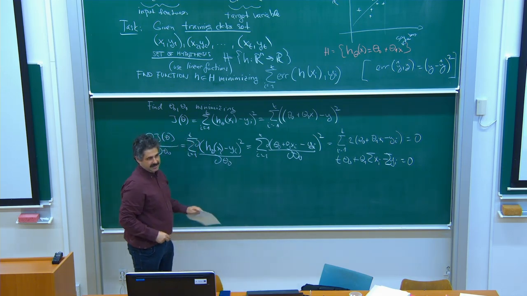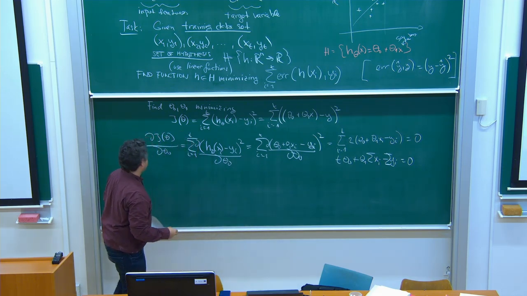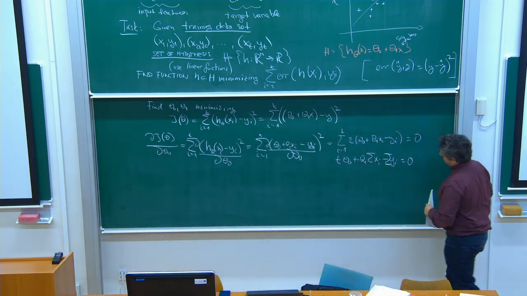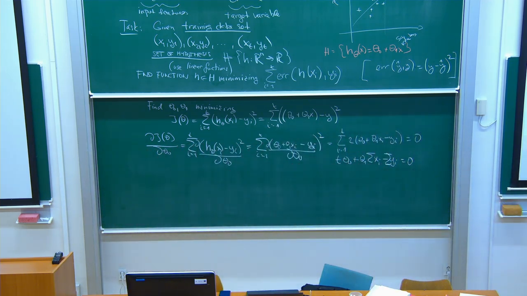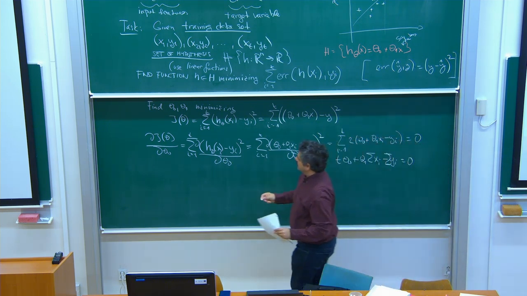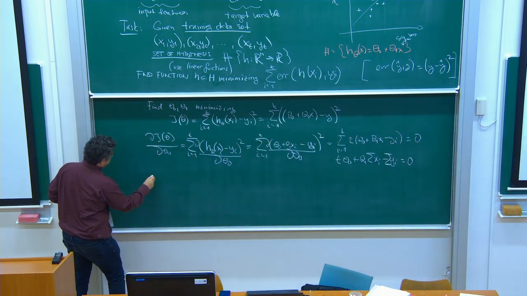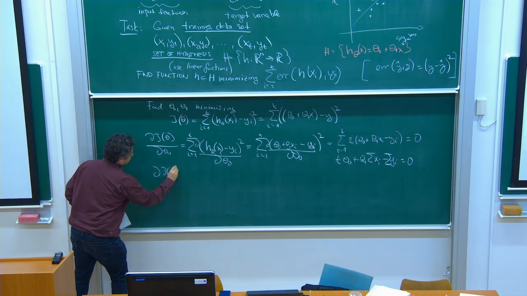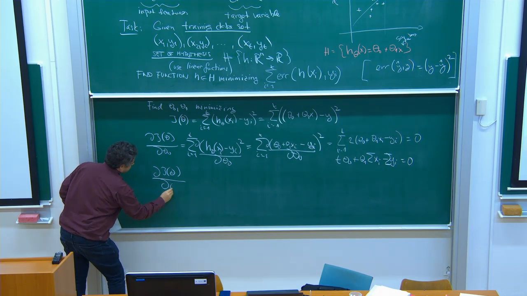Okay, so this is one thing. It still doesn't tell me what theta 0 and theta 1 should be. But fortunately, I also have the second thing. So I also need to do the partial derivative according to theta 1.